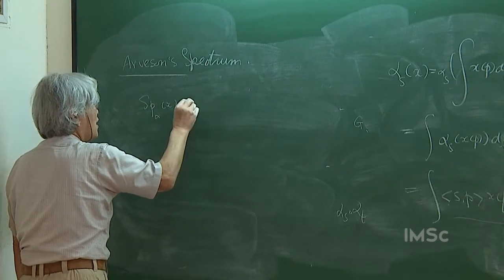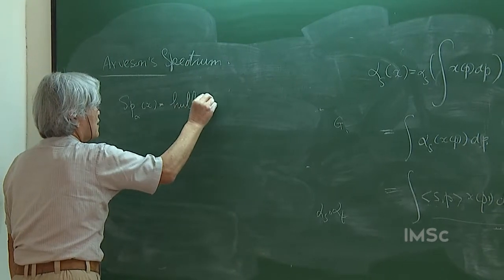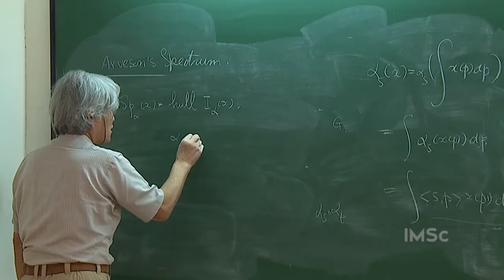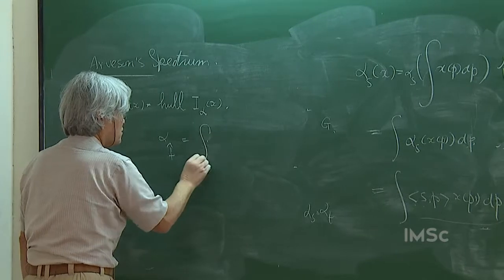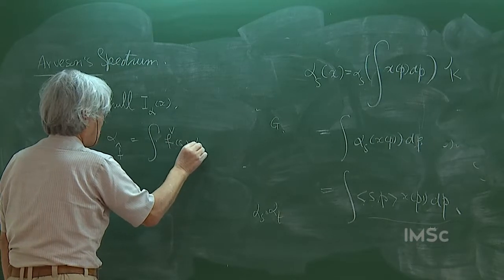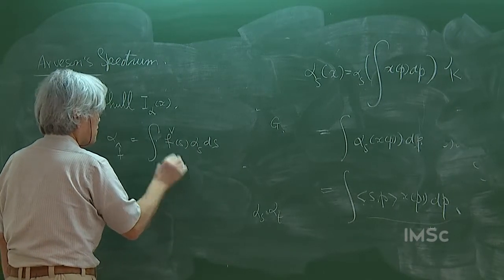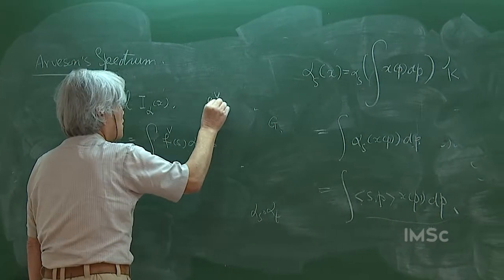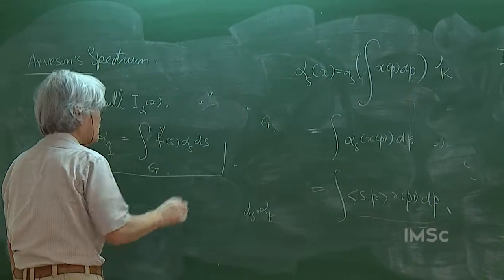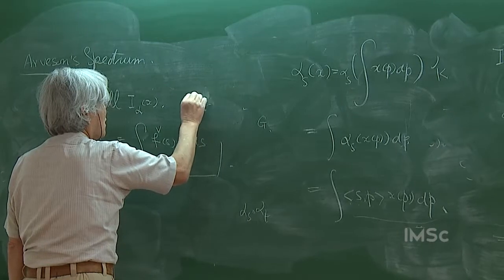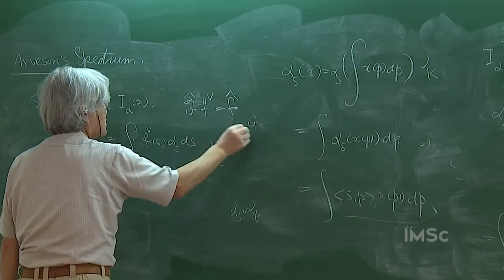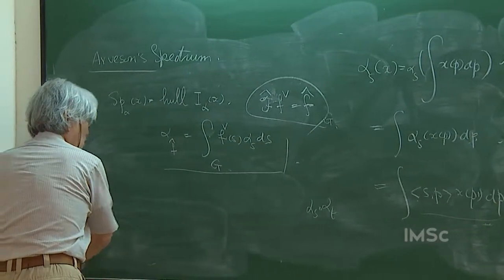This is the hull of I_alpha of x, and alpha f hat is the integration of f check of s alpha s ds over G, where the Fourier inverse transform of f check equals f hat.